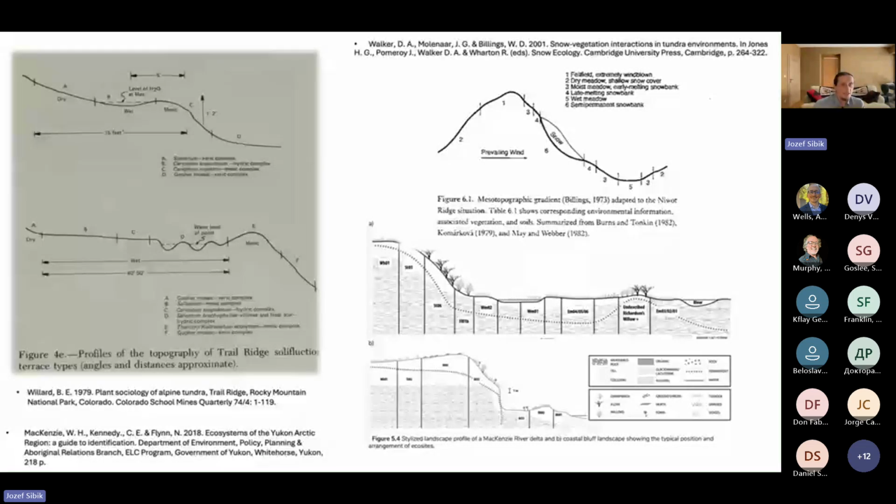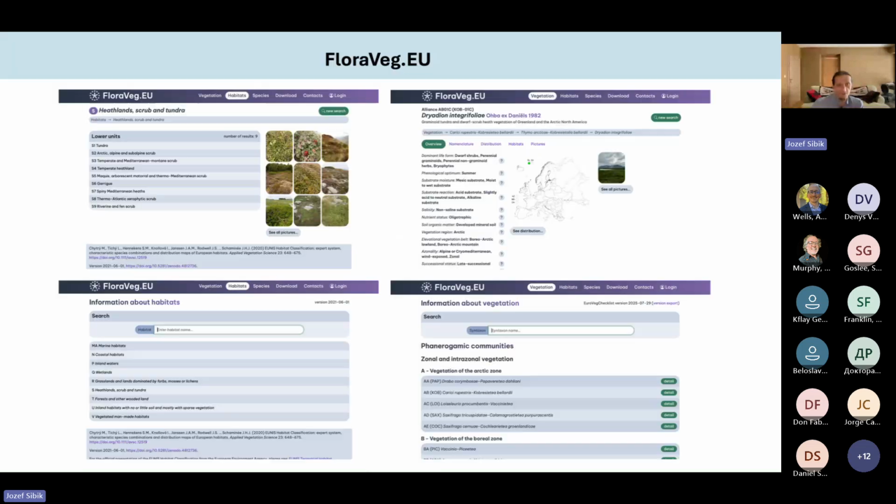We can see that it depends on slope and variability. We can have dry communities, some wet bases of slopes, and this also affects all the environmental conditions that are important for inhabiting by various plant communities.